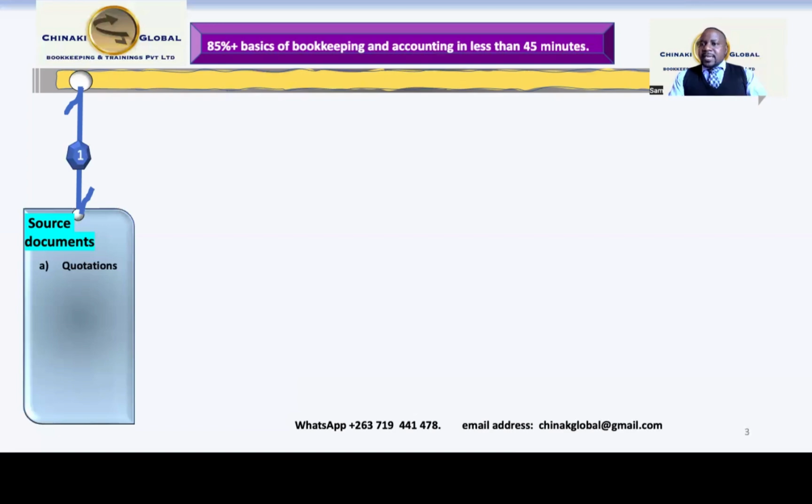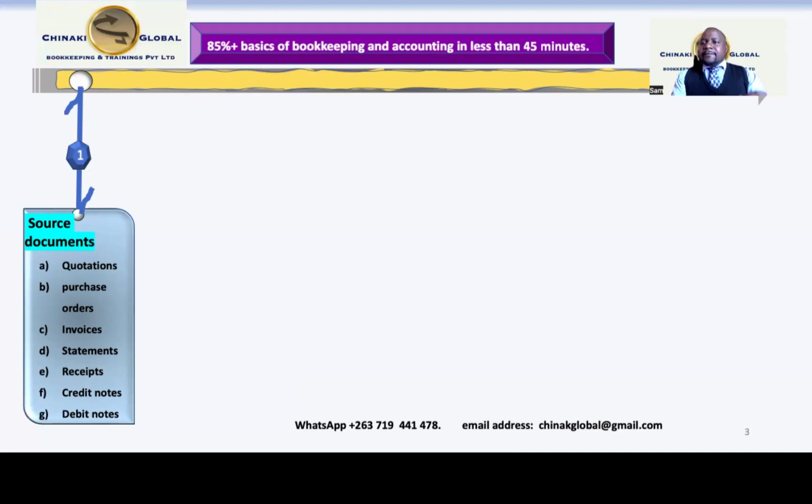Be it a quotation, an invoice, a purchase order, a purchase requisition, statements from the bank, statements from suppliers, any receipts that you get after buying business items, or any credit notes or debit notes. These are different types of source documents which are used by various businesses to show the evidence of the transactions.